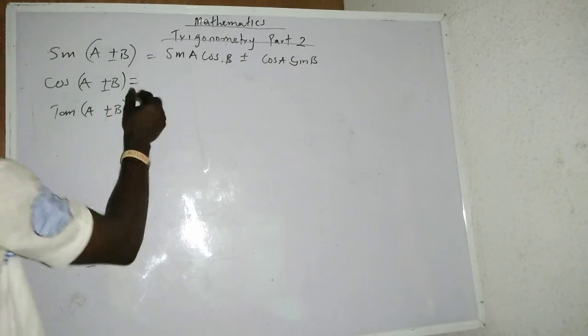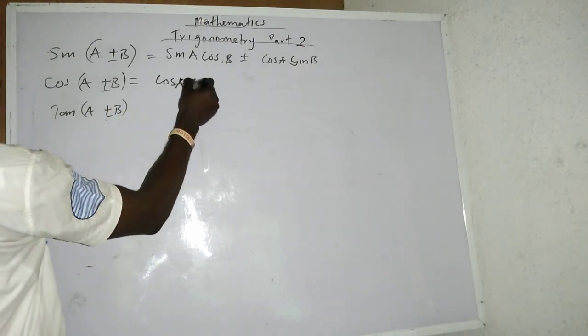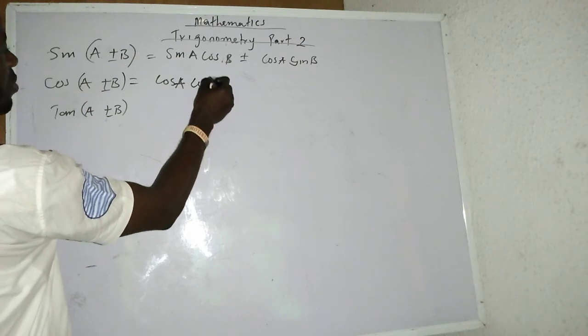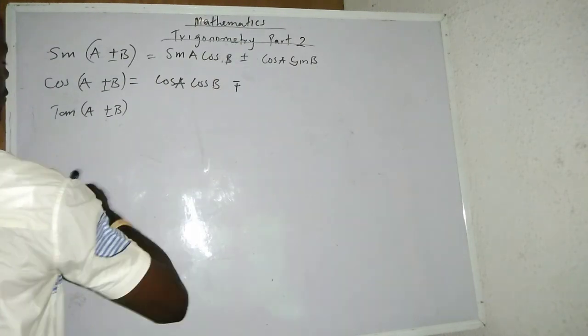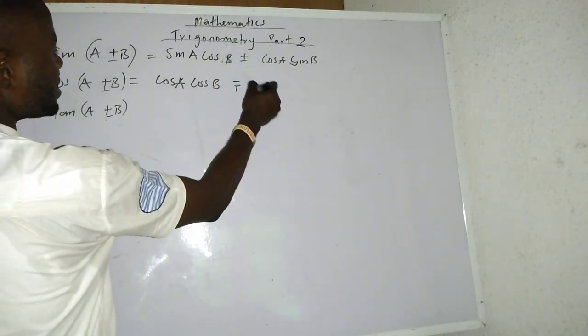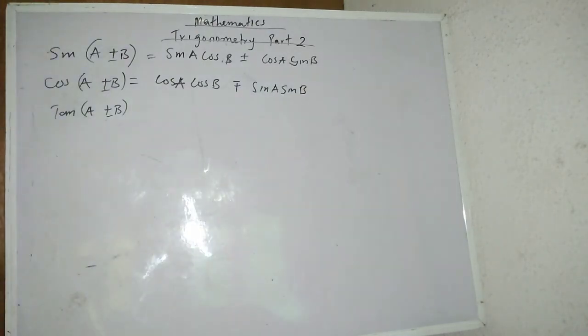Now, for cos, I will have cos A cos B minus plus sine A sine B. That is all about that.